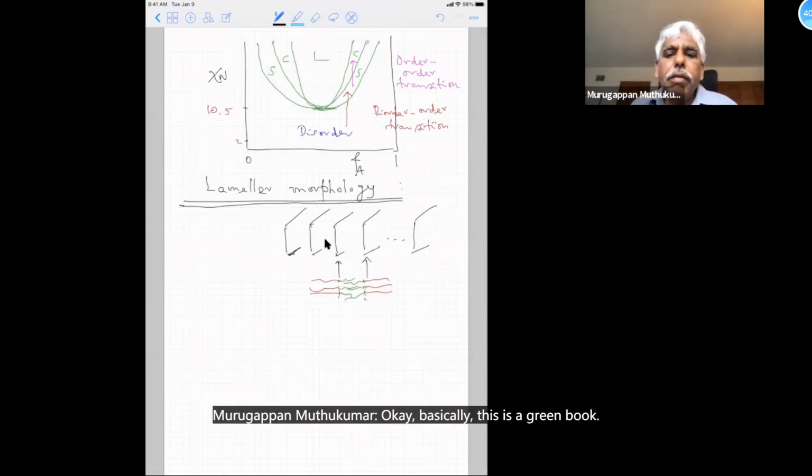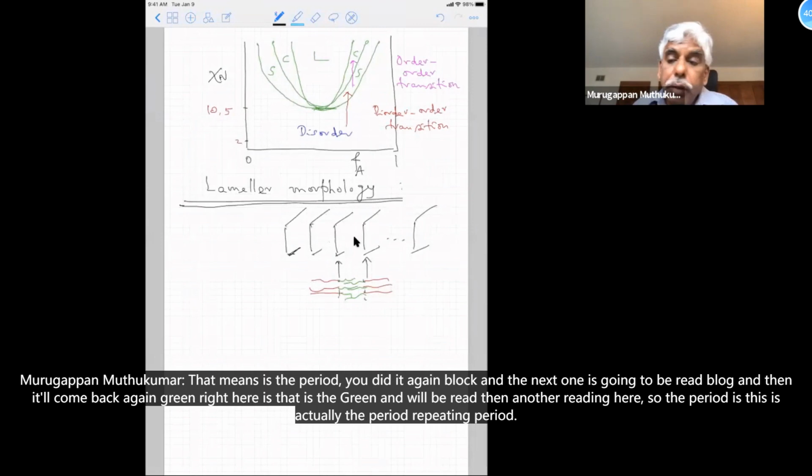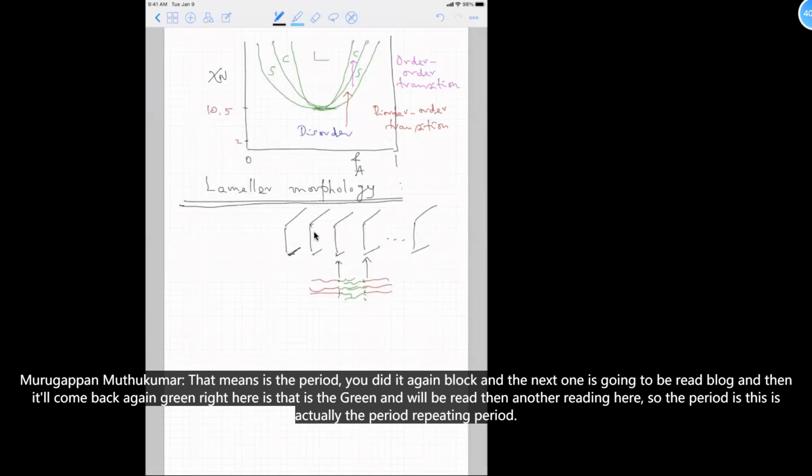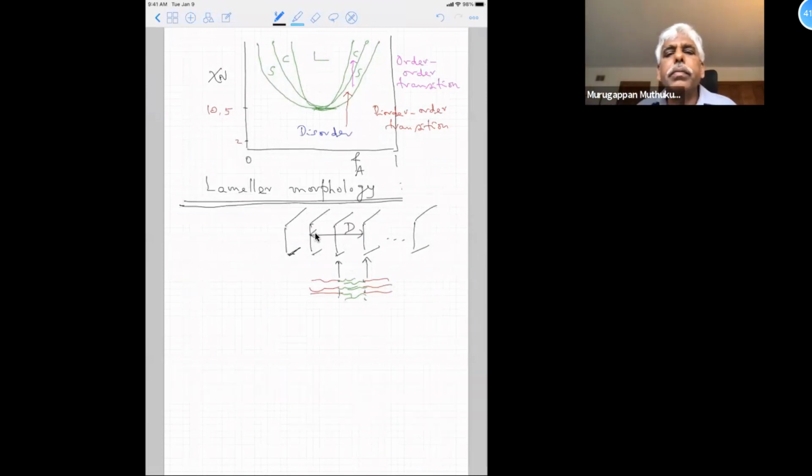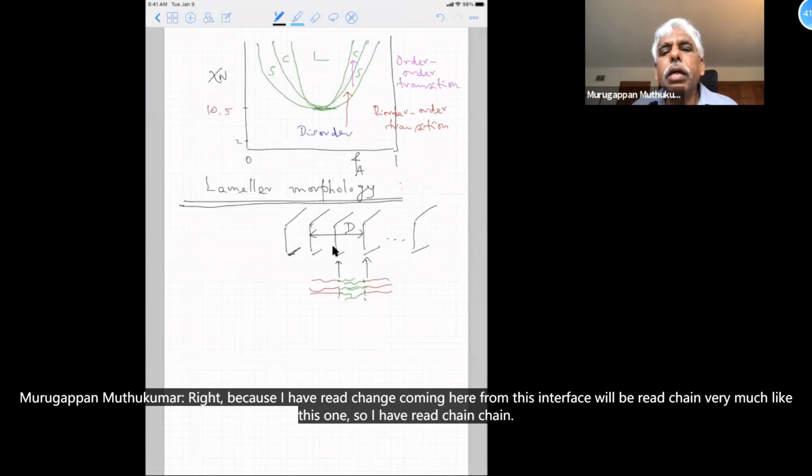Basically this is a green block. And that means the period: if this is a green block, the next one is going to be a red block, and then it'll come back again to green. Here is the green, then it'll be red, then another red in here. So this is actually the repeating period, because I have a red chain coming from this interface, there'll be a red chain very much like this one.